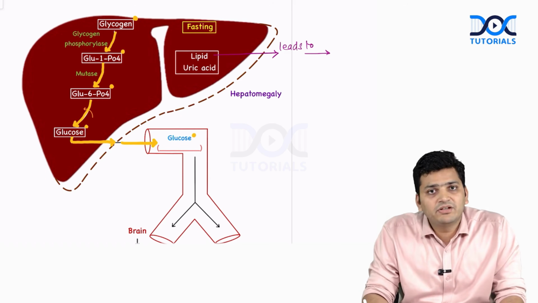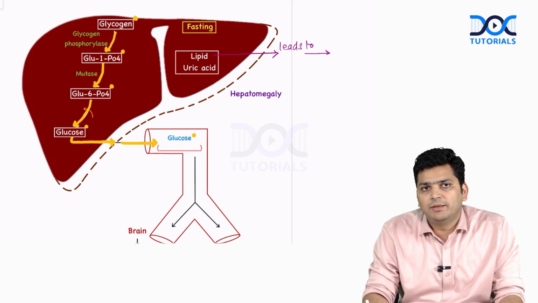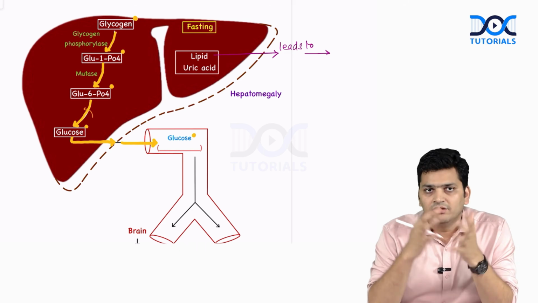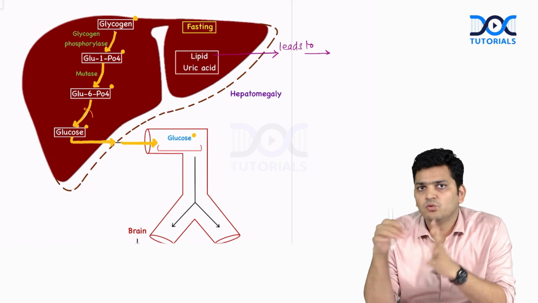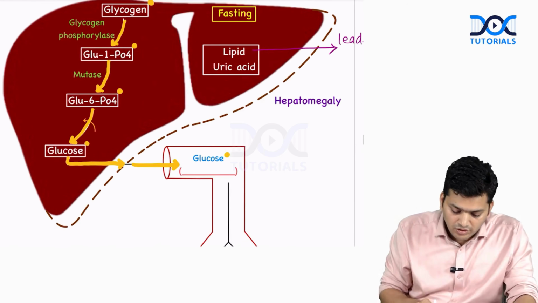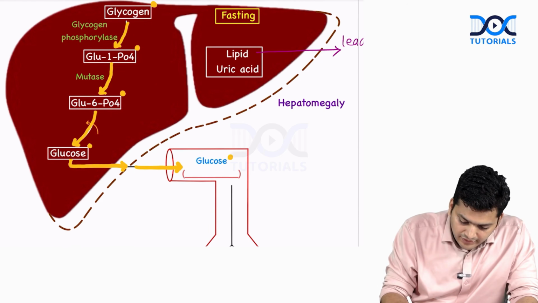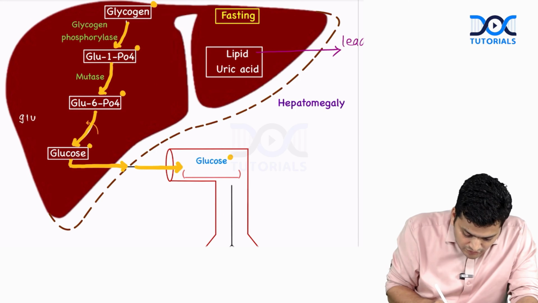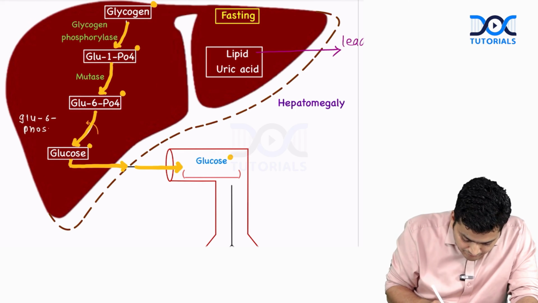So normally in the fasting state, the child does not go into hypoglycemia because the liver glycogen will be cut, will generate the glucose, and that glucose will come out. But to convert the glucose 6 phosphate into glucose, we require the enzyme glucose 6 phosphatase.